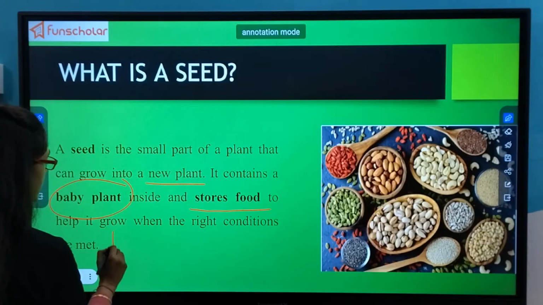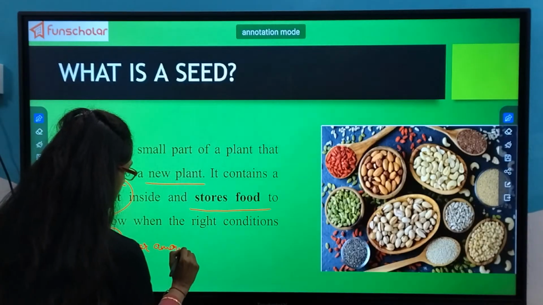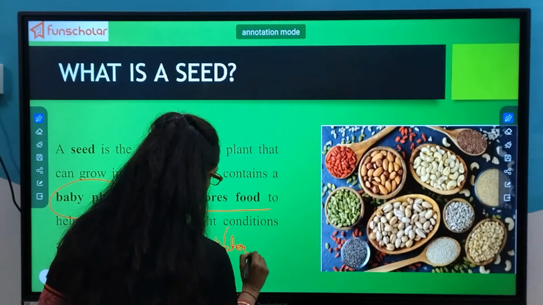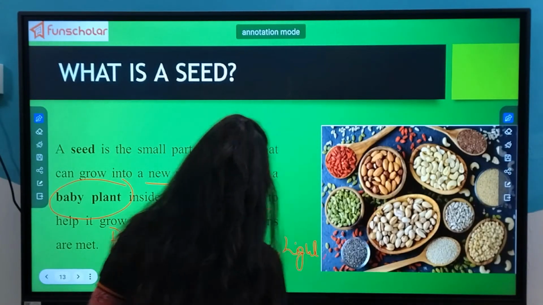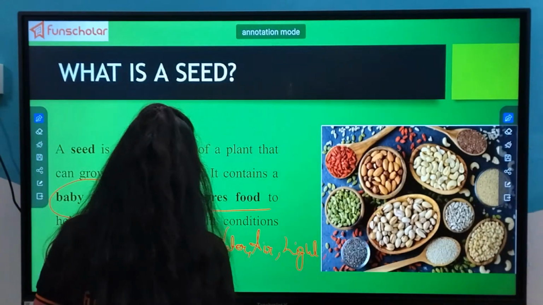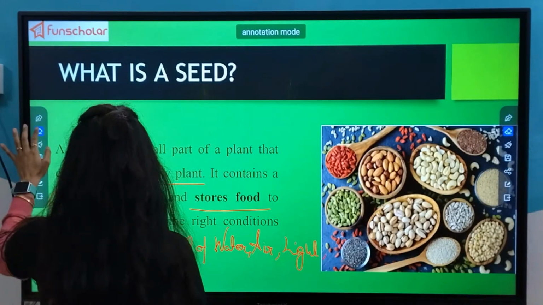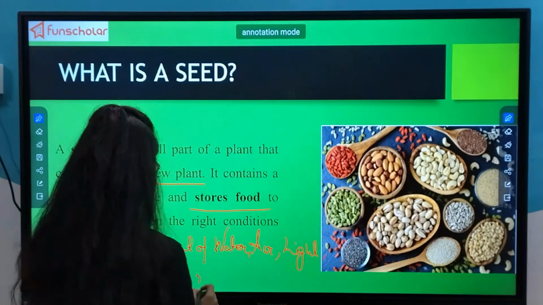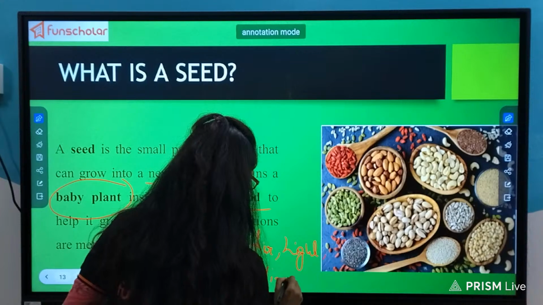The right conditions are a proper amount of water, air, light, warmth, and proper soil, because soil contains what? Minerals.